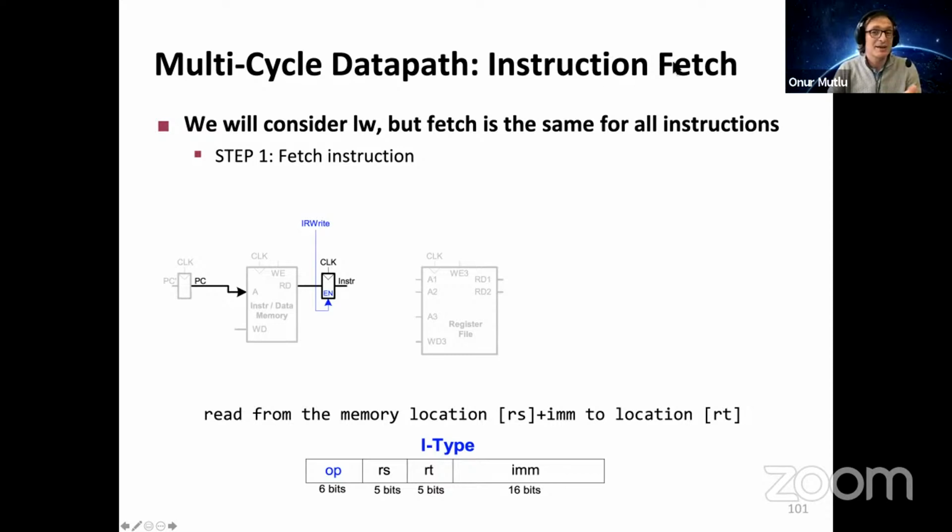So this is the multi-cycle data path. This is instruction fetch, very similar to the single cycle data path. You take the program counter out of the PC register and put it into the address port of the instruction/data memory. In this case, we're not going to write to the memory, right? Enable will be 0, but ignore that for now. Do no harm still applies, clearly. The read port provides us the instruction. What are we going to do?